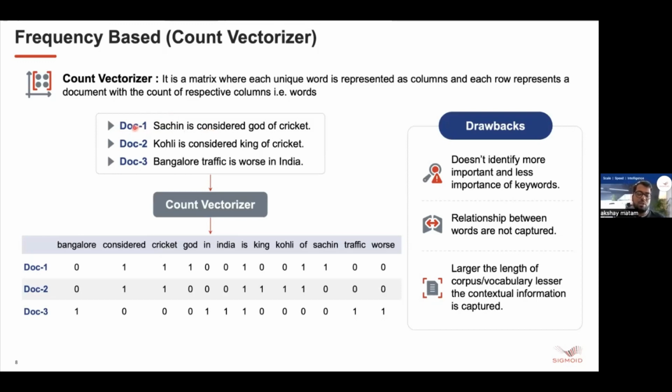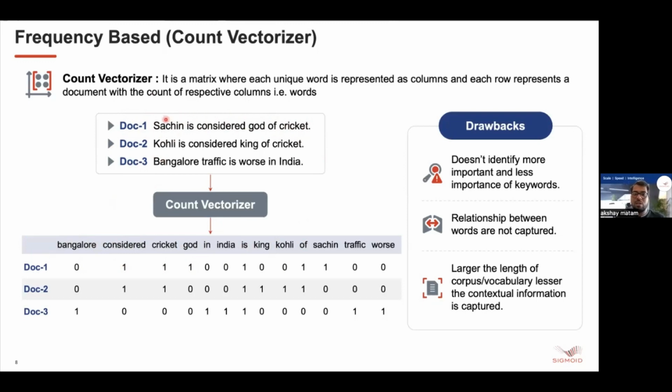or the document. So consider this as an example where, out of these three documents, we have created a vocabulary, and then document one is represented based on the keywords that are present in the sentence. So consider "Sachin is considered god of cricket." All these keywords are marked as one, as these are repeated once in the document.